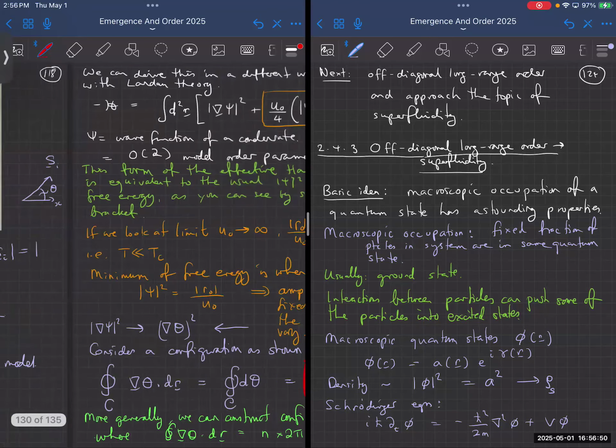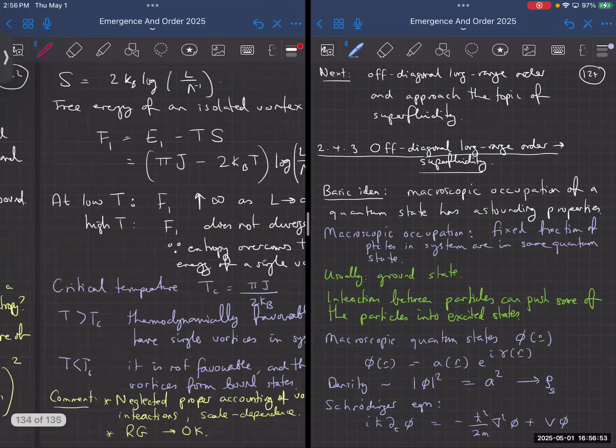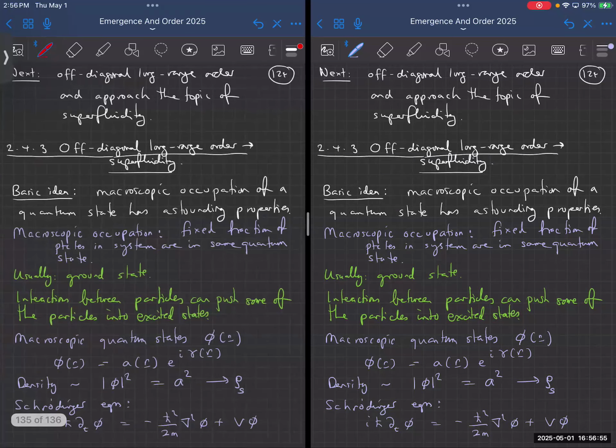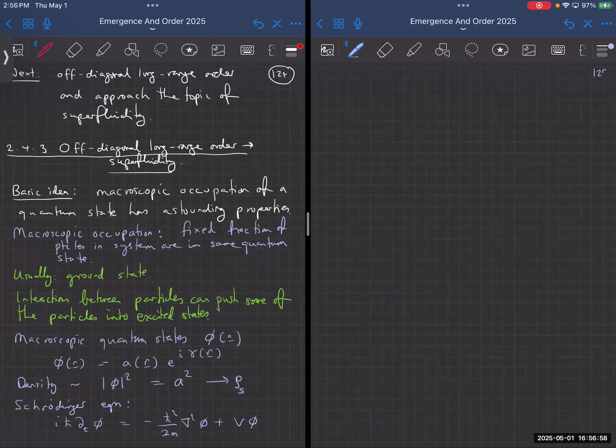And then if I want to work out d by dt of the probability density phi squared, that is equal to minus 1 over 2m, the divergence of phi star, the momentum operator, and then phi, plus the complex conjugate. You should be able to derive that from basic quantum mechanics.